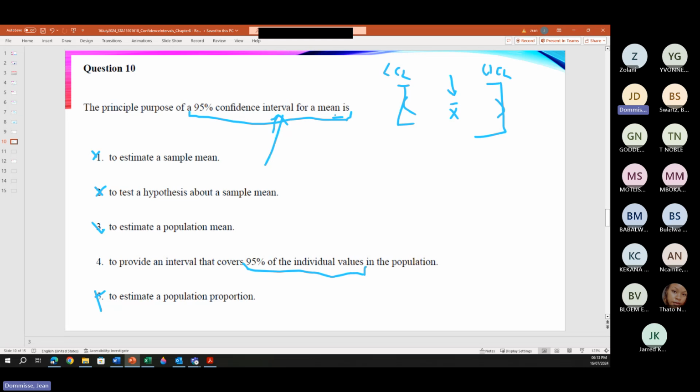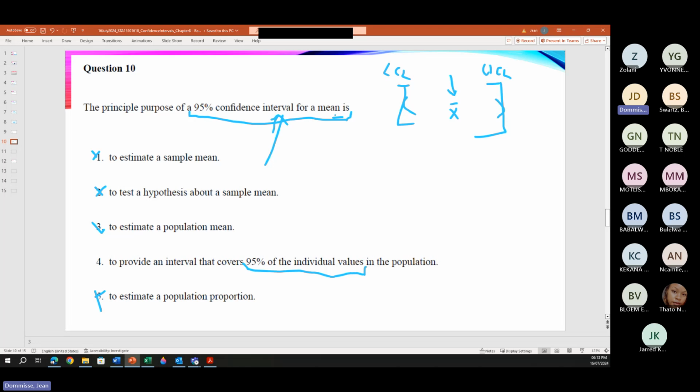So again, for the mean, we'll get the sample mean. With 95% confidence, we can say that the population mean will fall into those brackets.